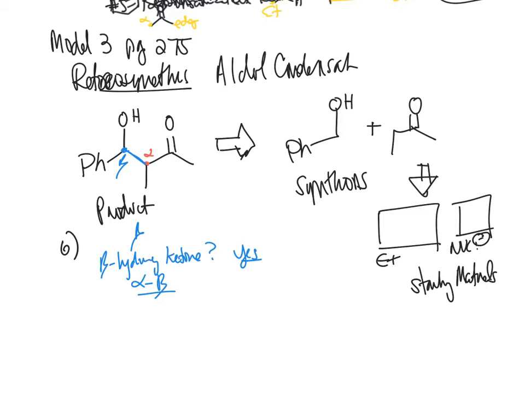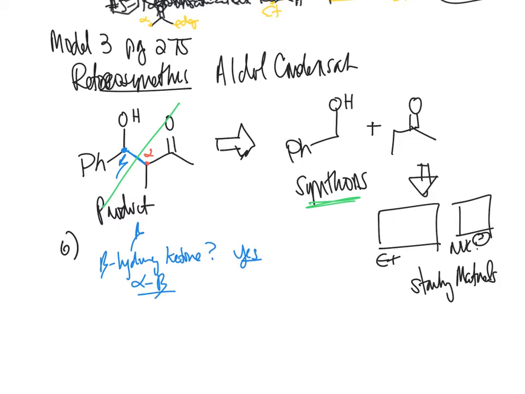On the product in model 3, draw a line across that carbon-carbon bond that was formed to make the aldol. Okay, so you want to draw a line there. You want to do this on your problems. If the bond was formed, is disconnected or pulled apart, the synthons shown above are obtained.